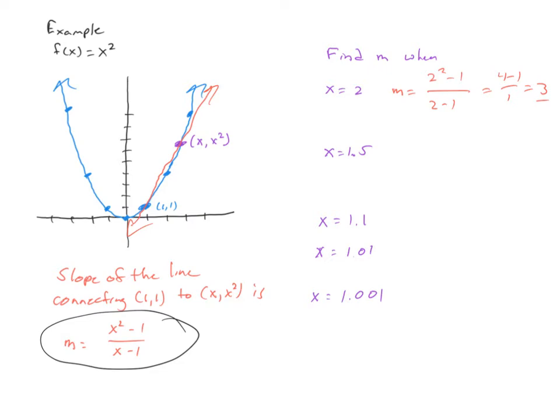I also want to do that now for these other ones. Let's look at 1.5. If I use 1.5, my slope m is going to be equal to 1.5 squared minus 1 over 1.5 minus 1. You can put that into your calculator. So pause the video and do that calculation for me.